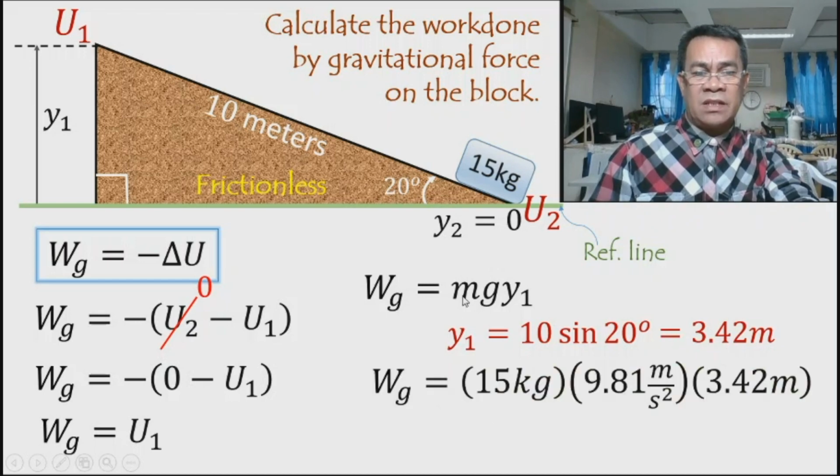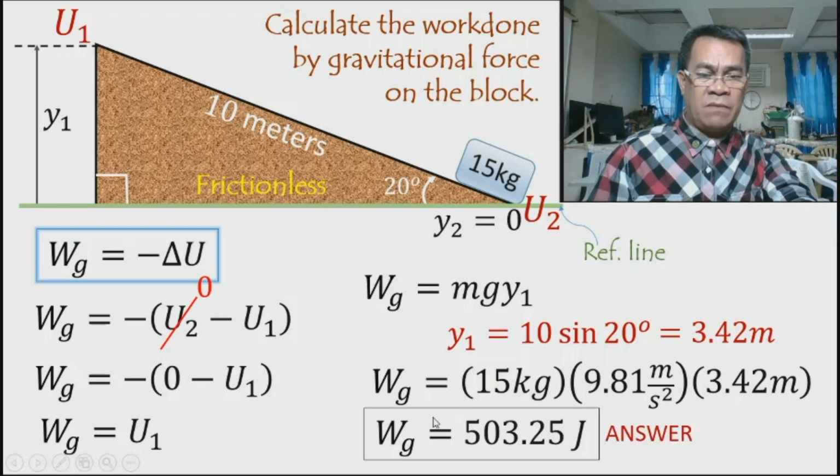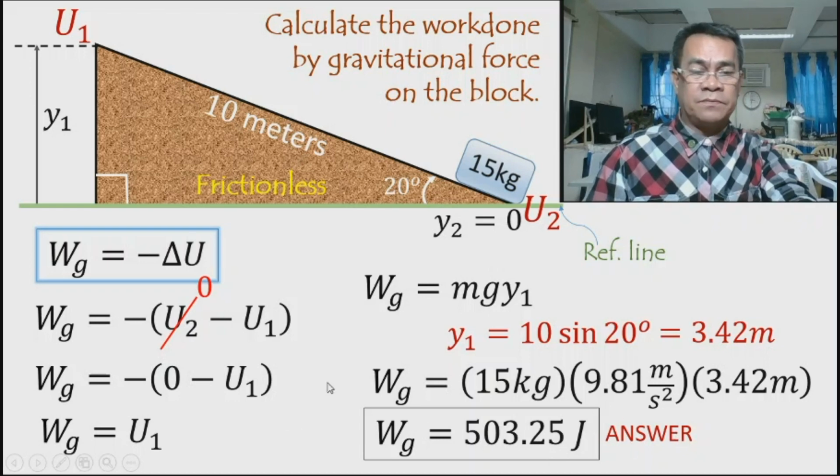So substitute the mass 15 kilograms, the acceleration due to gravity 9.81 meters per second squared, and y1 is 3.42 meters. Using your calculator, we come up with a result. Work done by gravity is equal to 503.25 joules. This is the answer to the problem.